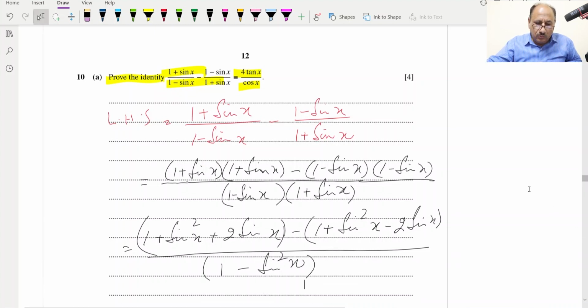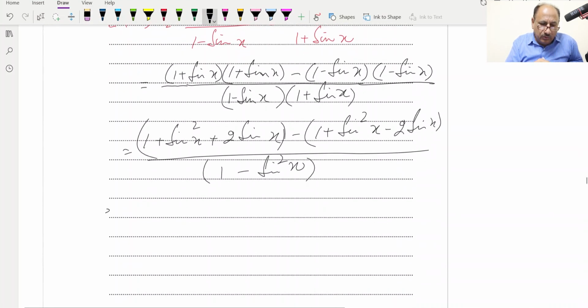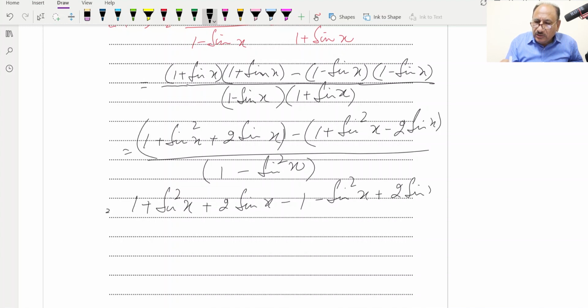Now we can open the brackets, and when we open the brackets, this negative will be having impact on the incoming signs. So 1 plus sine squared x plus 2 sine x minus 1 minus sine squared x plus 2 sine x, and the denominator will be 1 minus sine squared x.